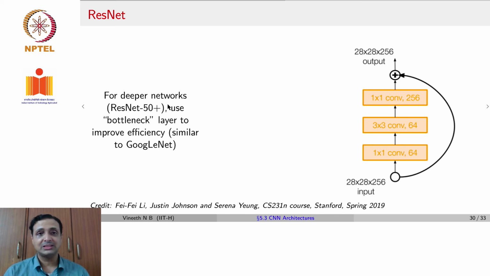For very deep networks, which went beyond 50 layers in a ResNet, they also used a bottleneck layer. You can see the 1x1 convolutions to improve the efficiency, similar to GoogleNet.